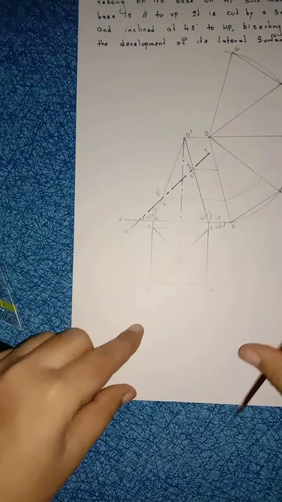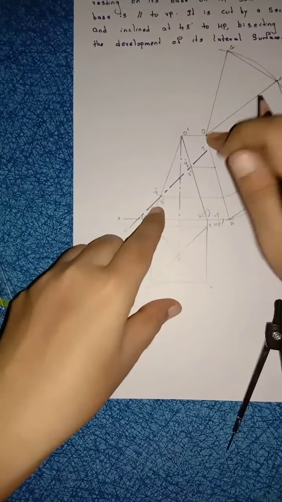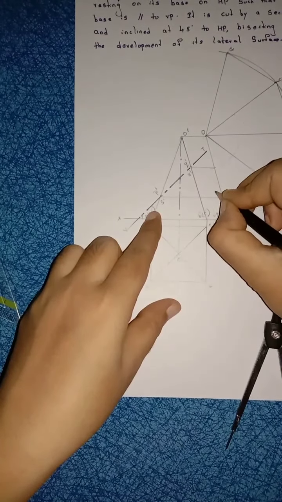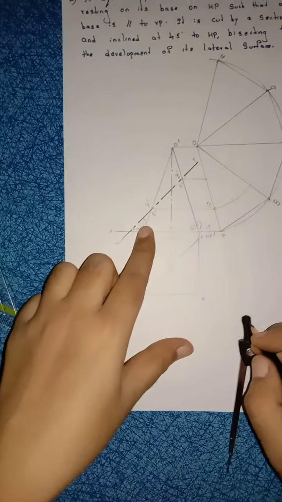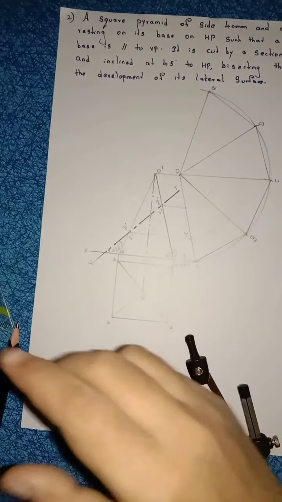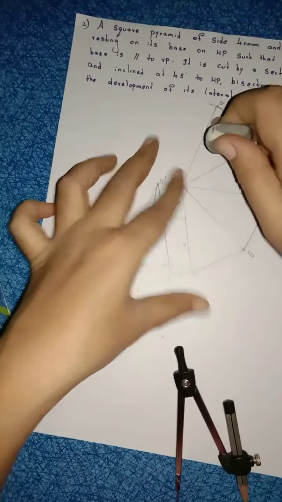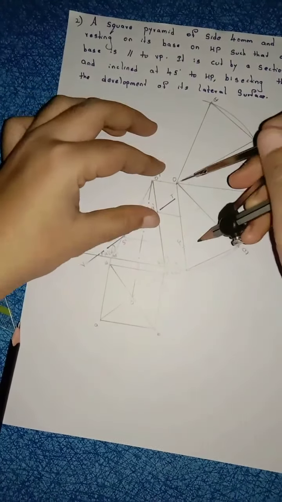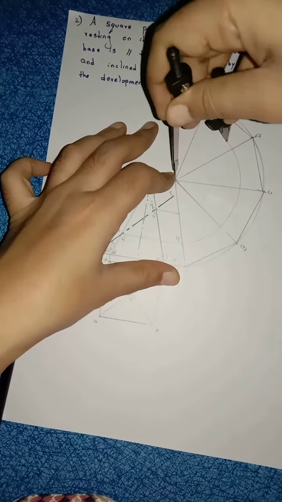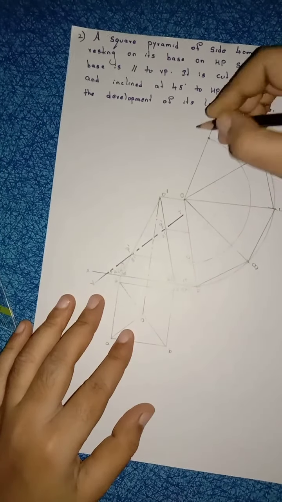See, in between OA, I should mark point P. With O as center, OP as radius, draw an arc till OA. Right? Name this point P.